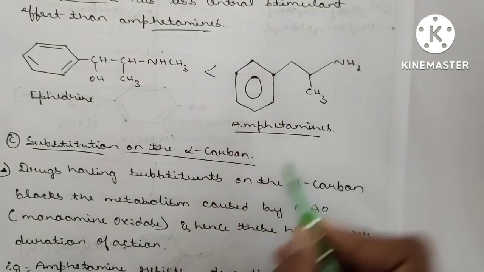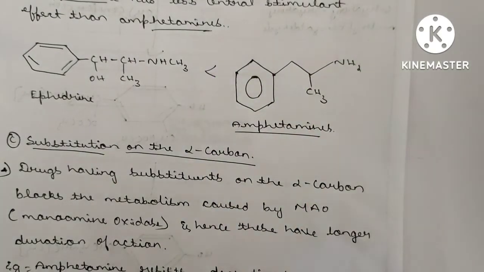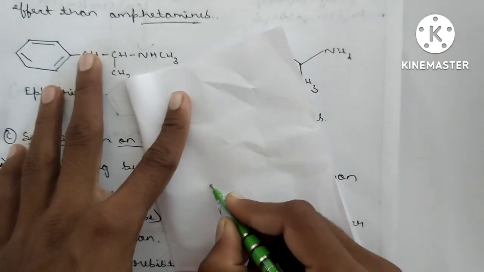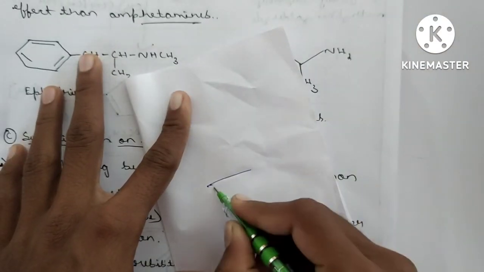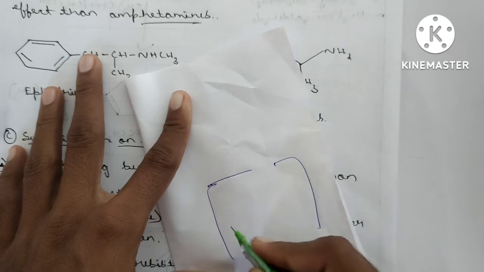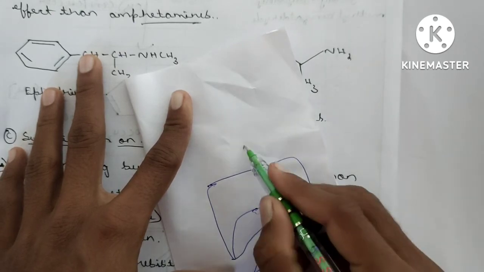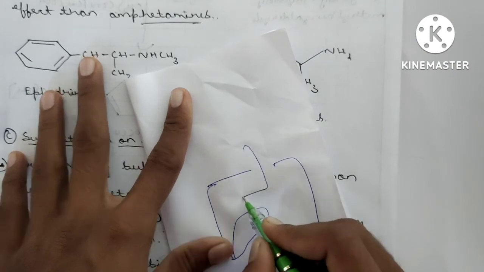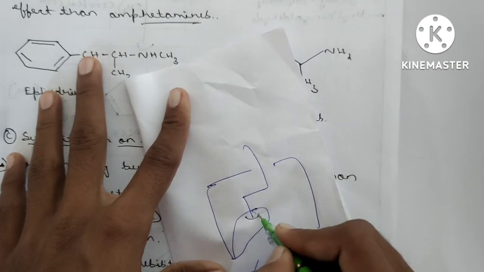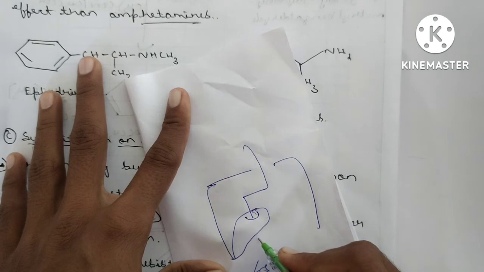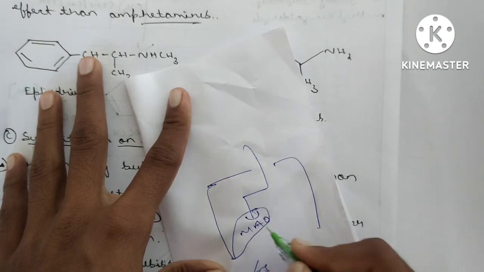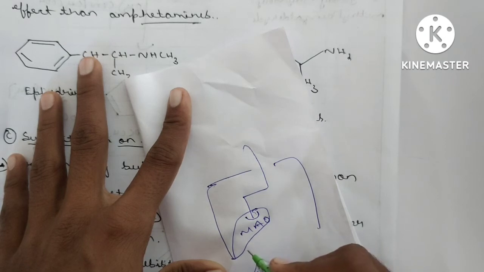When the drug enters the human body, I will tell you with one example. When the drug enters the human body, it goes to the liver. Now what happens in the liver? All the metabolism processes take place. MAO, that is monoamine oxidase, is an enzyme, and mainly what will it do?